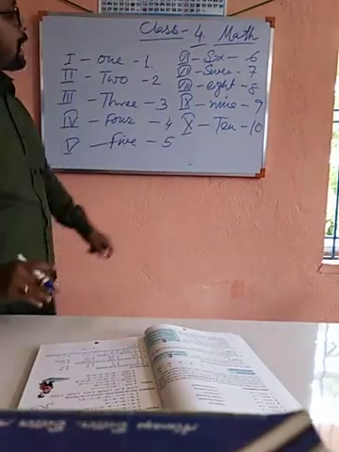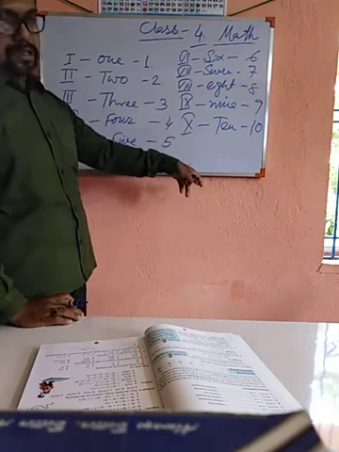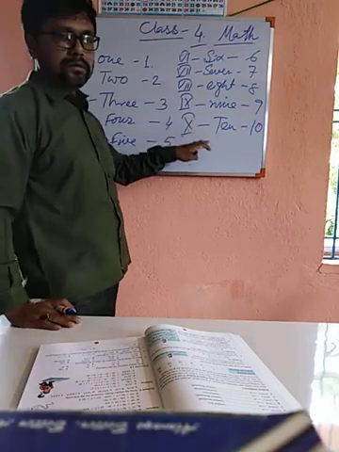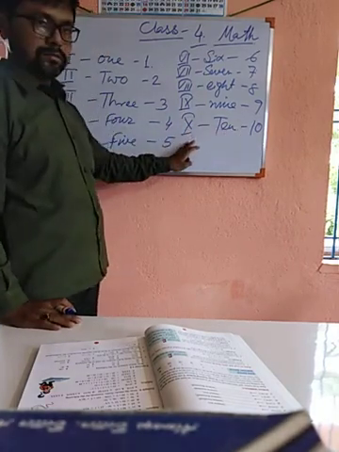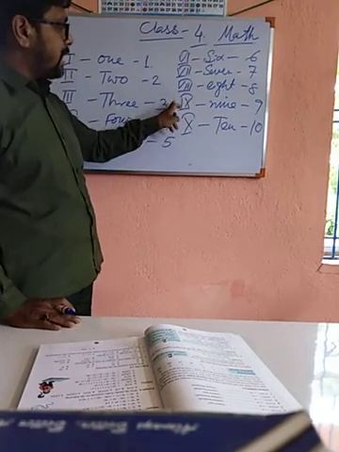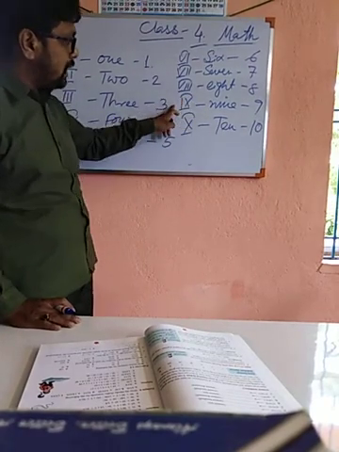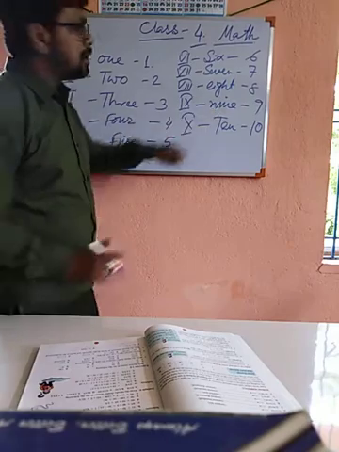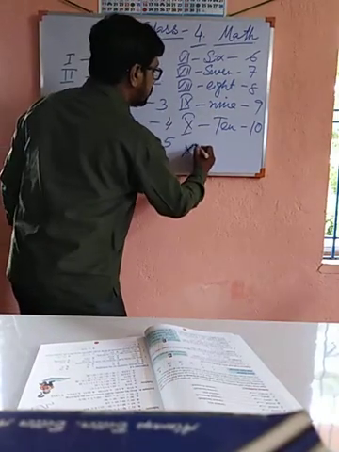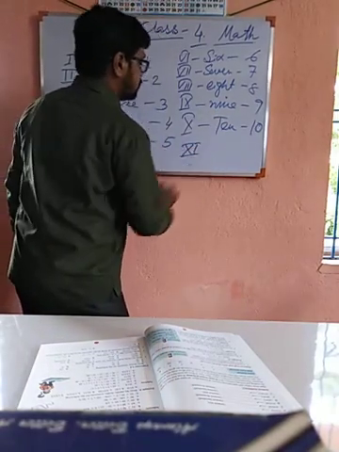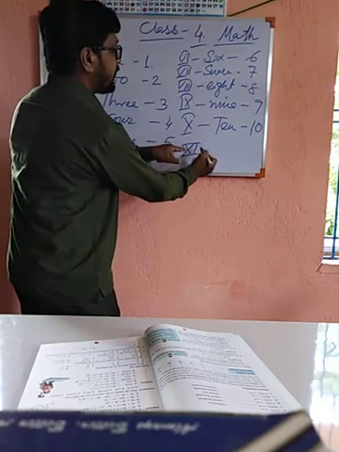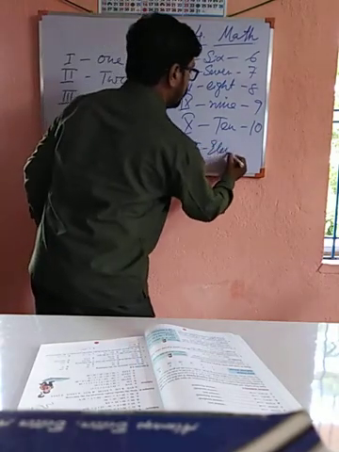So whenever you write X, that is 10. X means 10. But whenever you write IX, that is 1 less than X, that is 9. Now if you write XI, that is 1 more than X, that is 11.